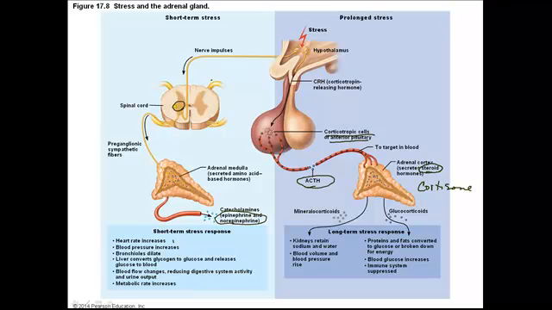Okay? The two different types of corticoids, rather, are mineral corticoids, so they have a mineral attached to them, or the glucocorticoids, which have a sugar molecule attached to them.